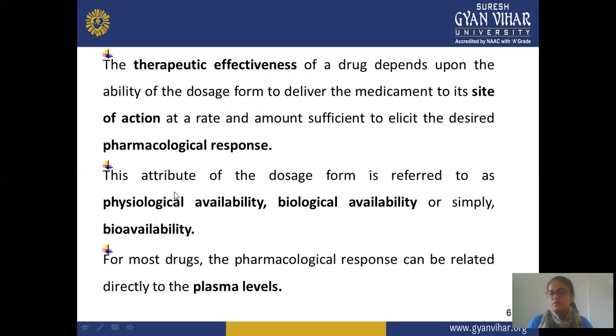That means the therapeutic response depends on the ability of the dosage form given to the patient, the site of action, and the site of administration of the medicament, and whether the amount is sufficient to elicit the desired pharmacological response. It does not depend on a single parameter, but on different parameters like dosage form, route of administration, and the dose of the drug administered.